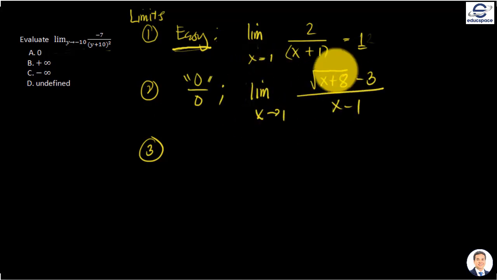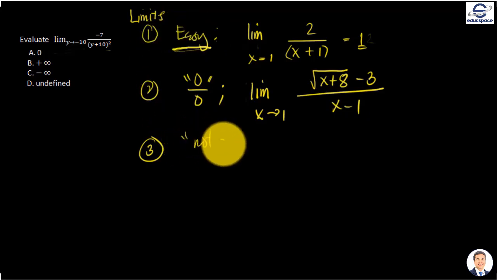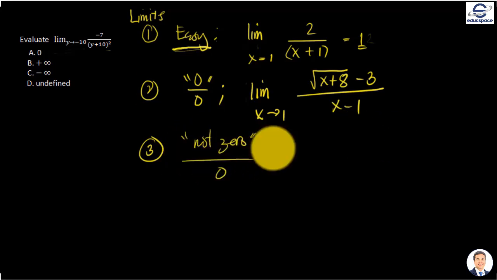So this form can be solved in different ways. We introduced some ways and techniques in how to solve this kind of problem. It's either factoring or rationalization. And the number 3 form of a problem for limits is that we have here a non-zero number over 0, which has 3 possibilities of answer.